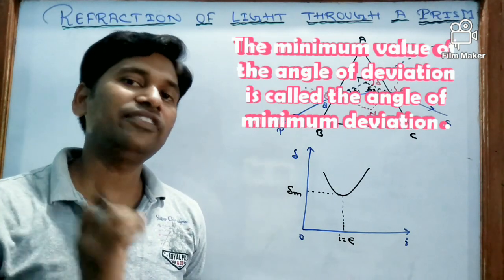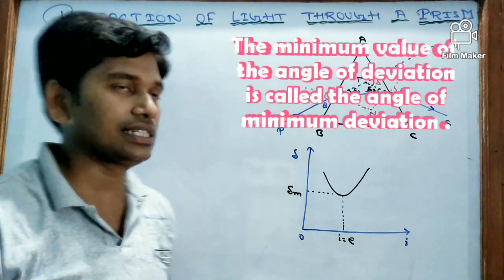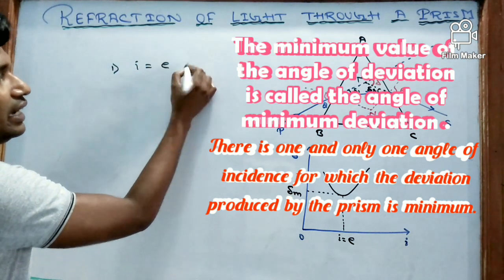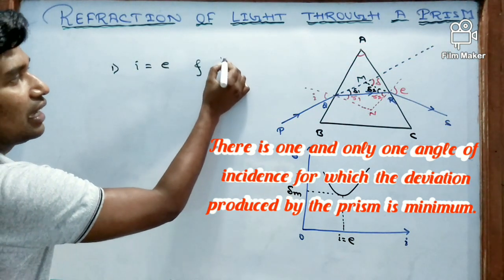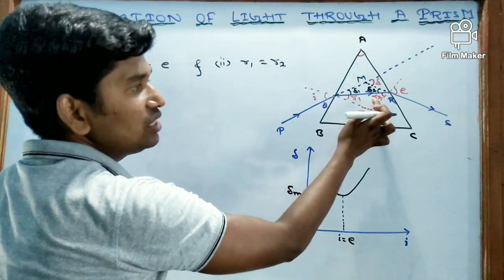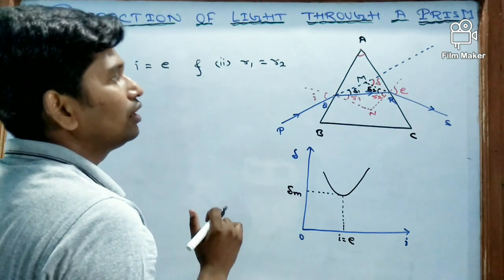So for minimum deviation we have two conditions. Condition one is I is equal to E, and the second one is R1 is equal to R2, that means these two angles become equal.